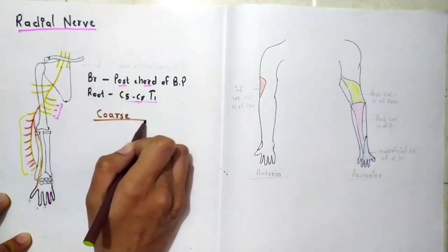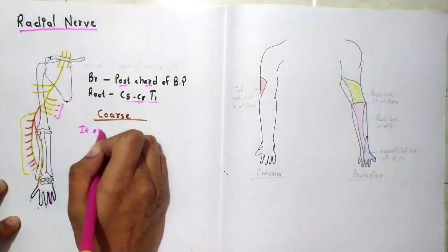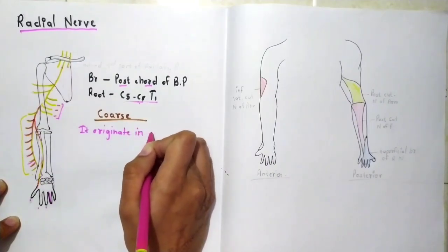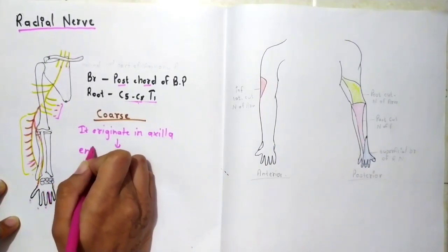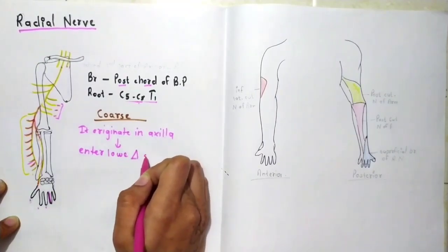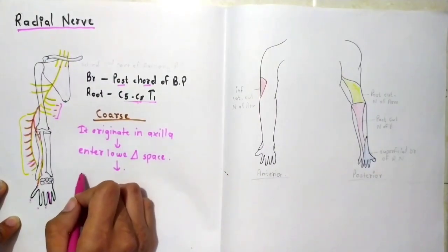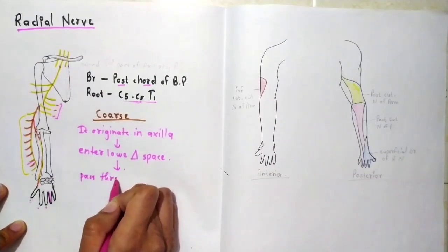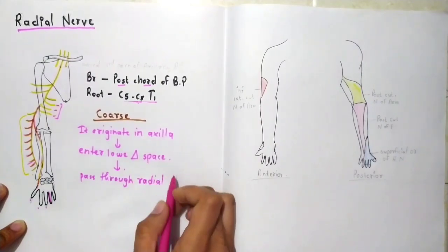So the course of this nerve is: it originates in the axilla, then enters the lower triangular space, then after that it will pass through the radial groove or oblique groove.